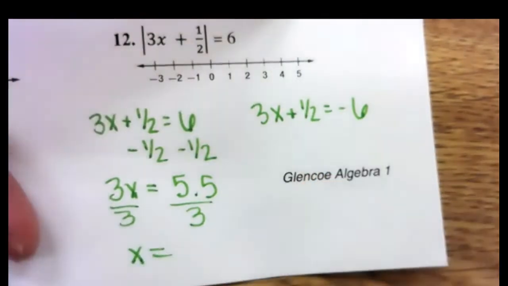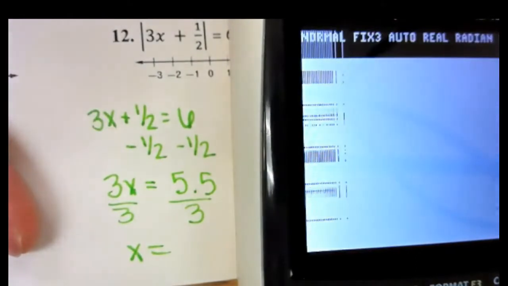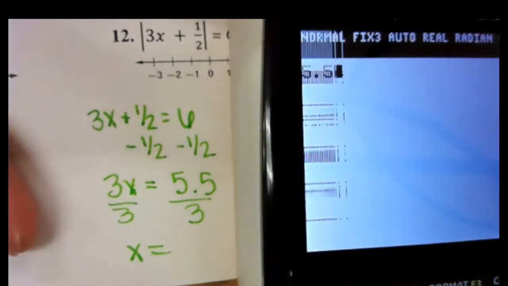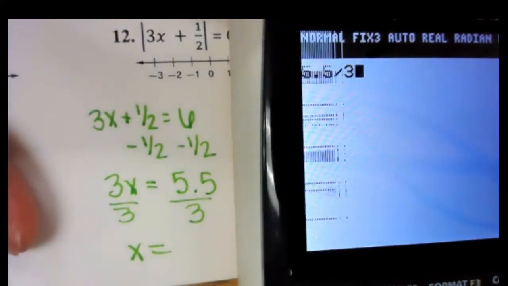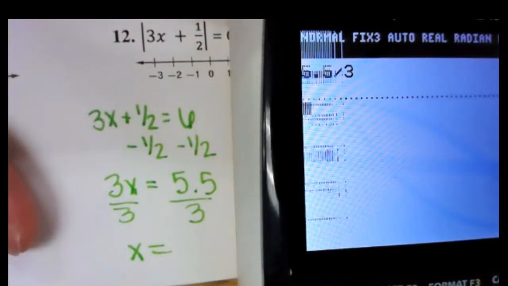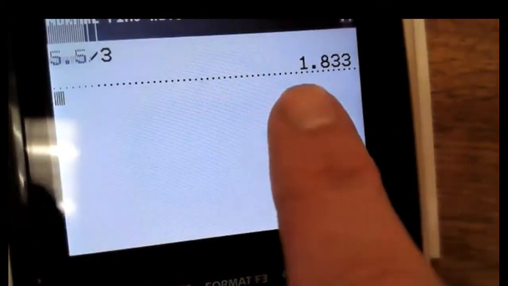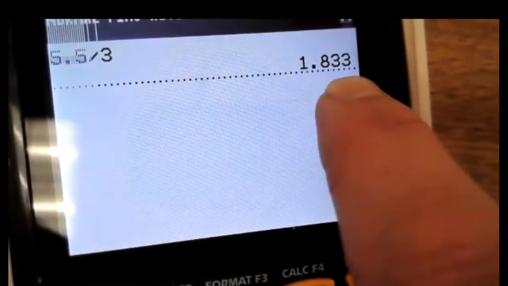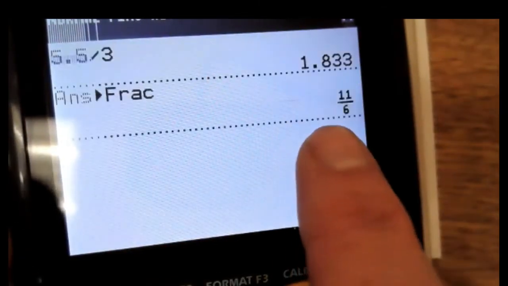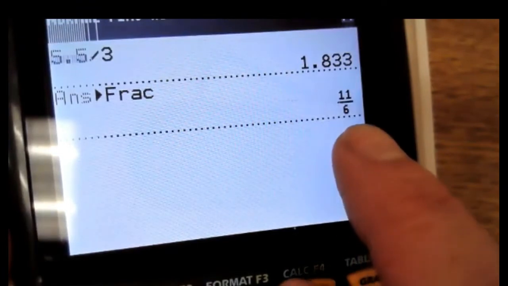And again, if you have a graphing calculator or a phone, you would just go 5.5 divided by 3. So 5.5 divided by 3, you might have had 1.833. If you kept it as a fraction, you had 11 over 6.